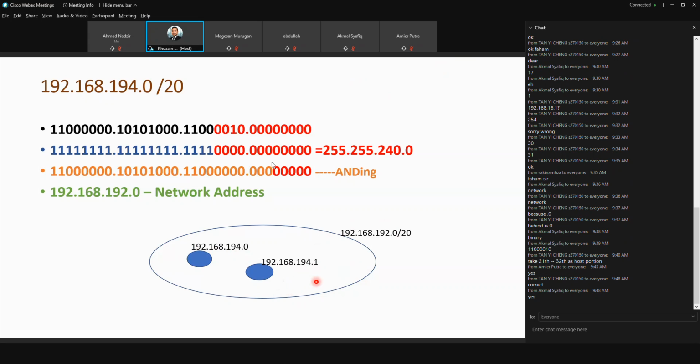Boleh. So you can use 192.168.194.1 as one of the usable IP address in that network. Can.